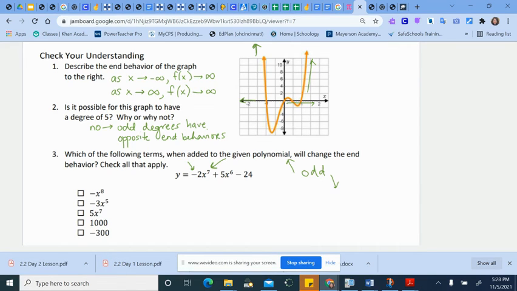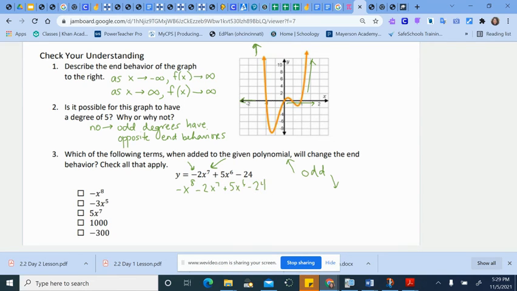So it says if we add negative x squared. Sorry, negative 8, I can't talk. If we added negative x to the 8th power, we'd have that and then all this, right? Does that change the end behavior?